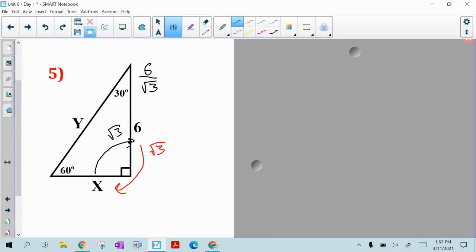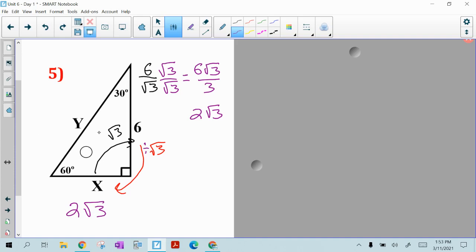I can't have a square root in the denominator, so let's multiply by square root of 3 over square root of 3 here, and I get 6 square roots of 3 over, well, square root of 3 times square root of 3 is just going to get me 3, so I'm looking at 2 square roots of 3 when I reduce that. All right, well, when I divided by the square root of 3, I'm getting down to 2 square roots of 3. It's not pretty, but it still gets there.